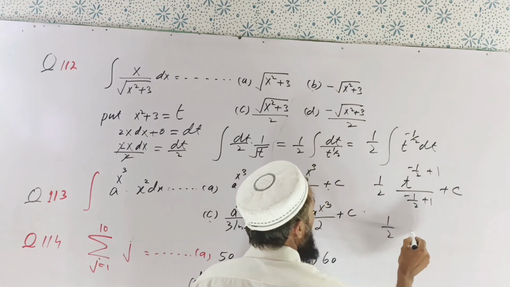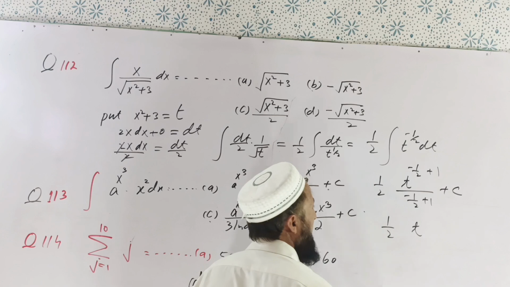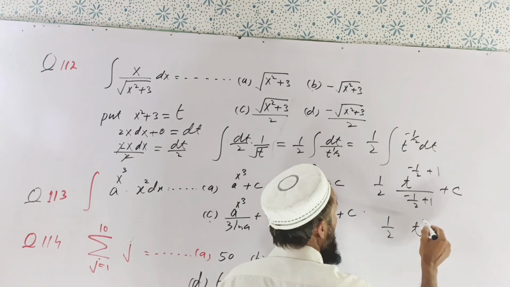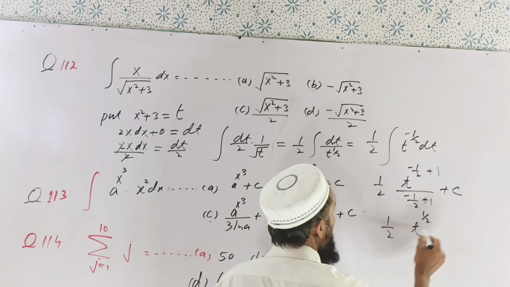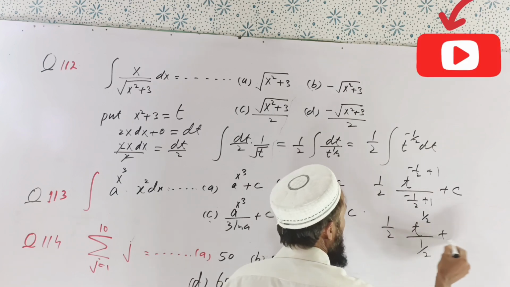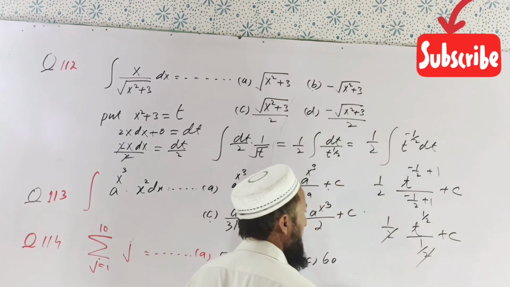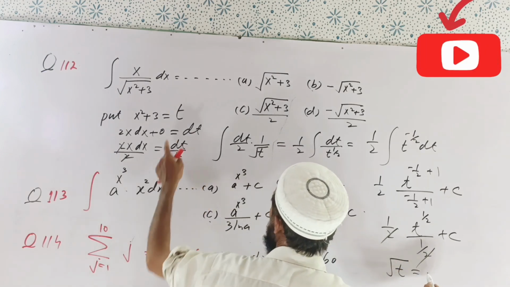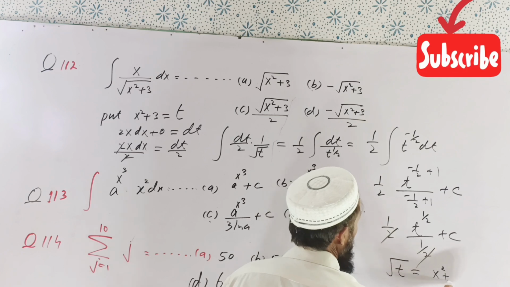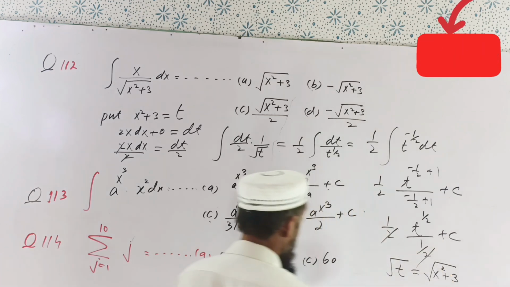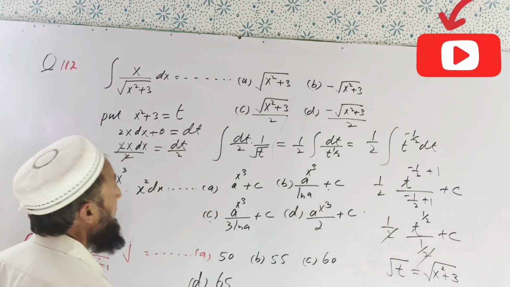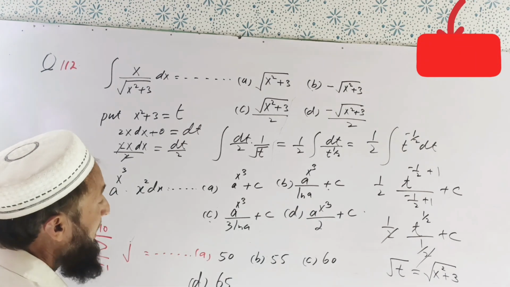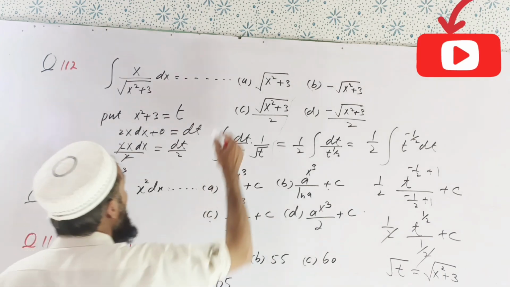The 2s cancel each other, so we get the square root of t, and t is equal to x square plus 3, so the square root of (x square plus 3). Now we check the options.